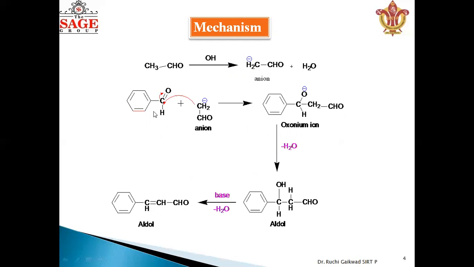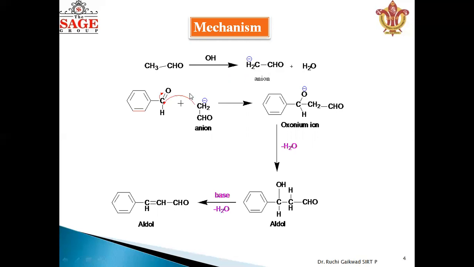Now let us see how the reaction works, means what the mechanism of this Claisen-Schmidt condensation reaction is. As you can see in the first reaction, when we take this aliphatic aldehyde with a strong base, that is NaOH, in the presence of the base it is converted into the respective anion.